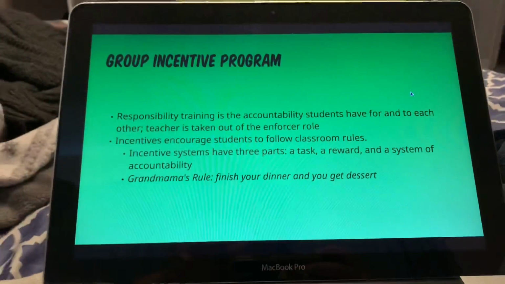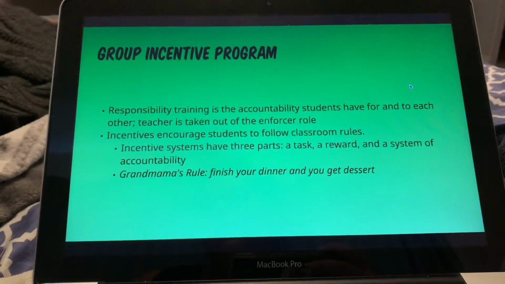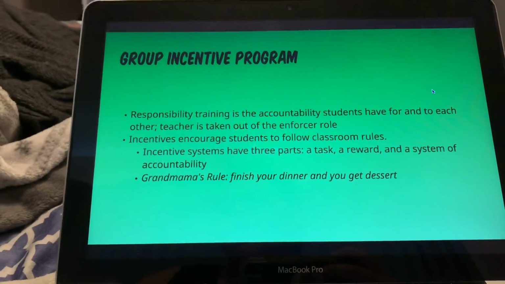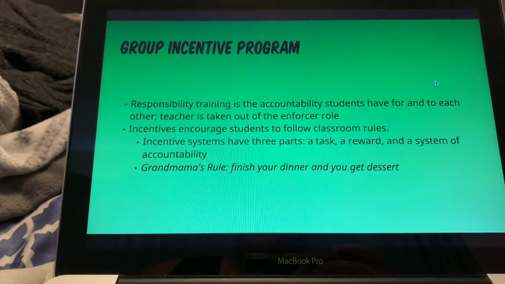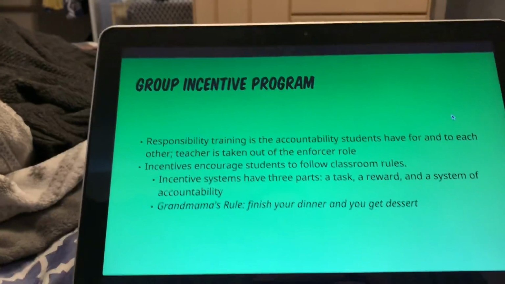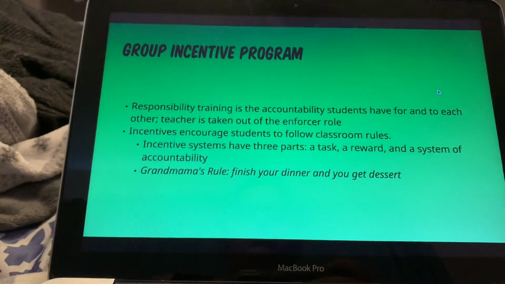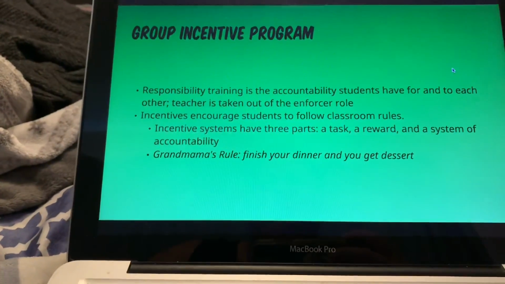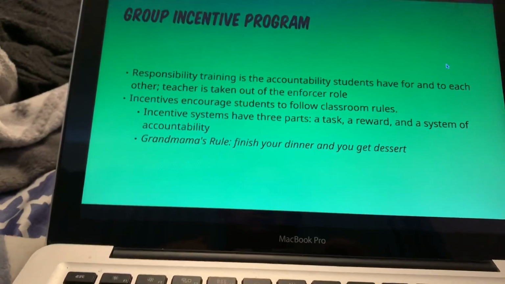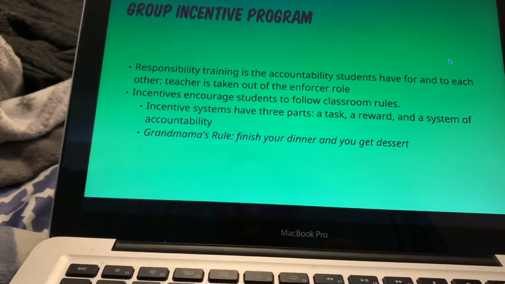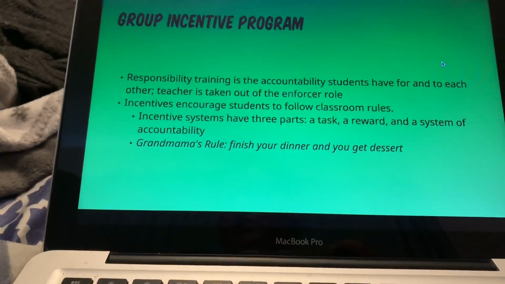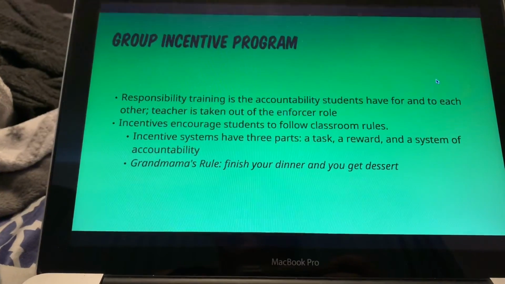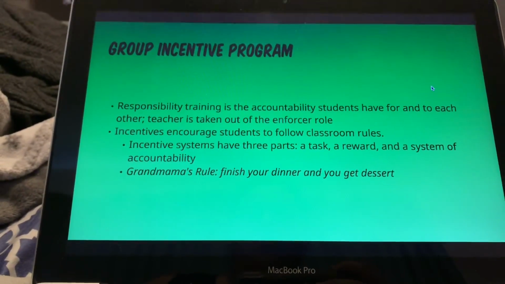So responsibility training is using a group incentive program. It's the accountability that students have for and to each other, where the teacher is taken out of the enforcer, or as the textbook says, the nagging parent role.